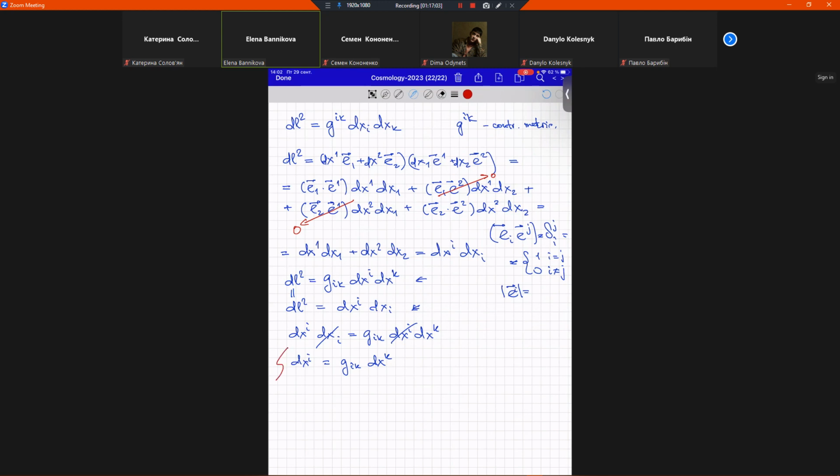So you can see that due to the metric tensor, we can obtain the rule of rising of the index. Rising, this is rising.